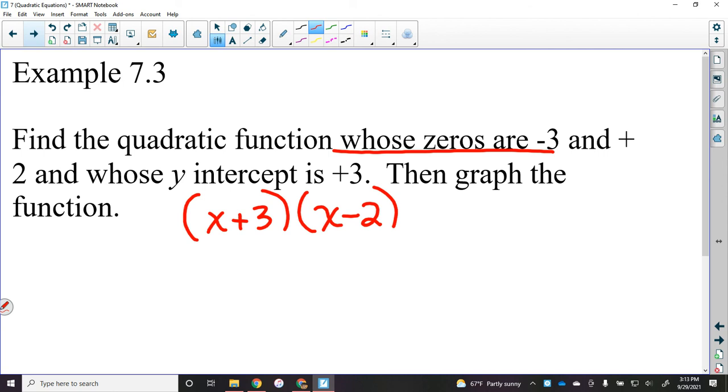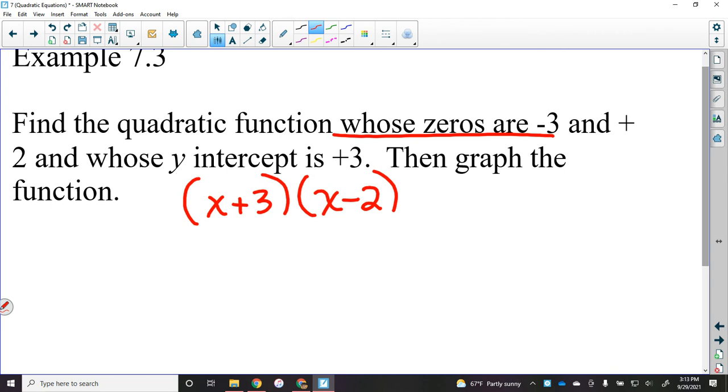So what we're gonna do here is, the y-intercept is +3? Okay. What we don't know is what the stretch was. Could have been a stretch or compression. So first thing I would do is I would multiply out this.